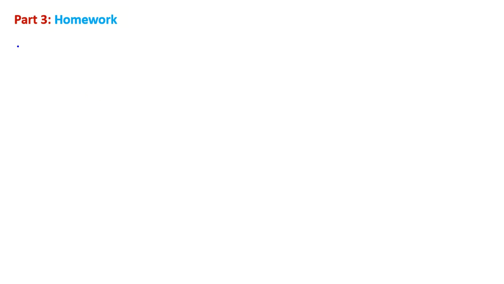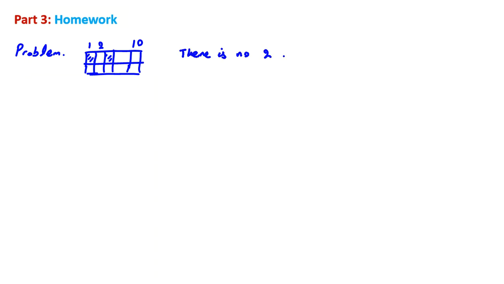Okay, now let me tell you a problem that is related to both math and informatics. Suppose we have this sequence, 1, 2 to 10, and we can color some elements black or white, and there are no two adjacent blacks.